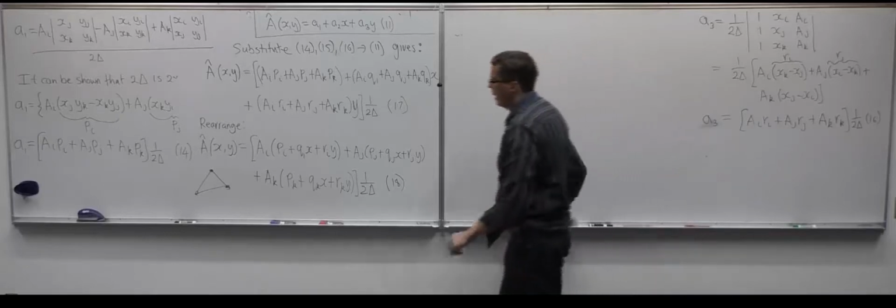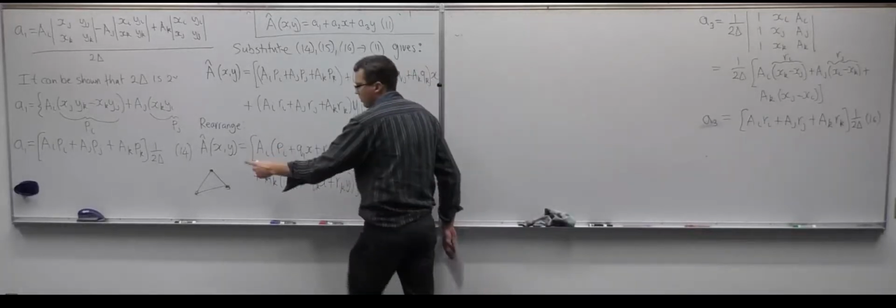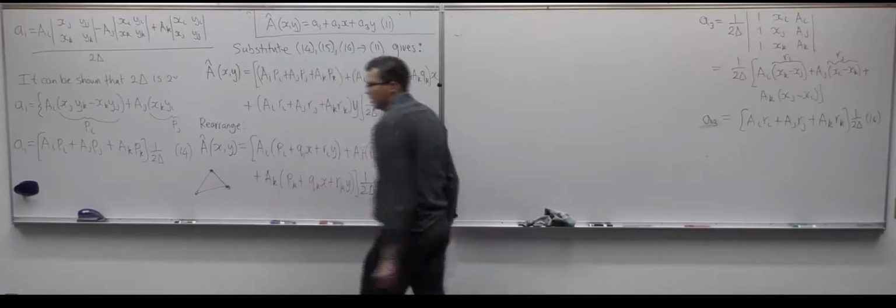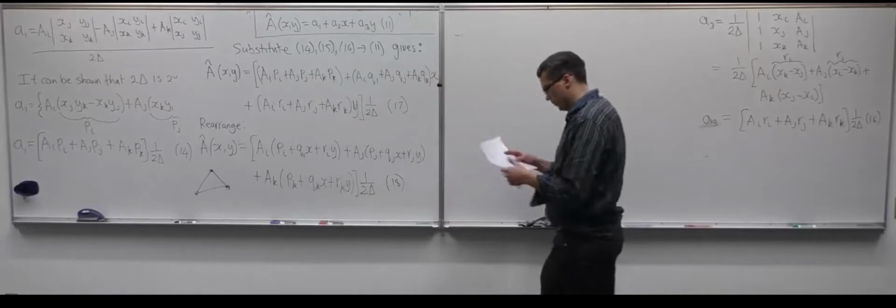So the Ai would just be some number, some value at that point, and Aj and Ak would just be some number given at those 3 nodes.